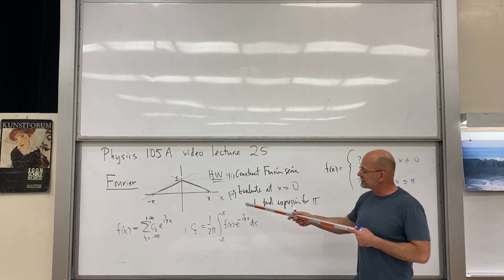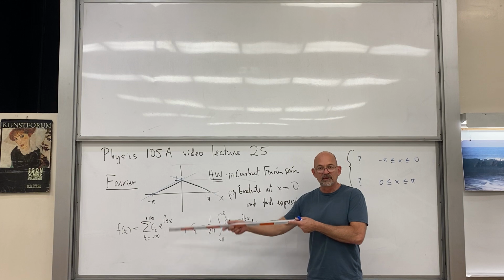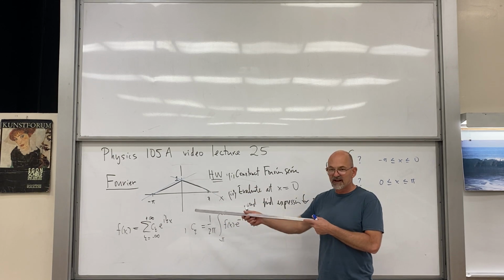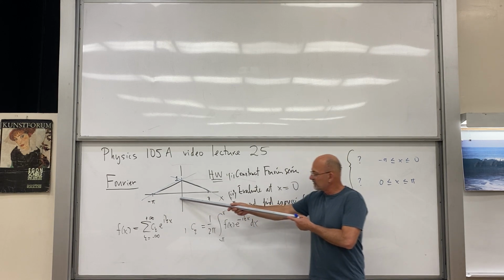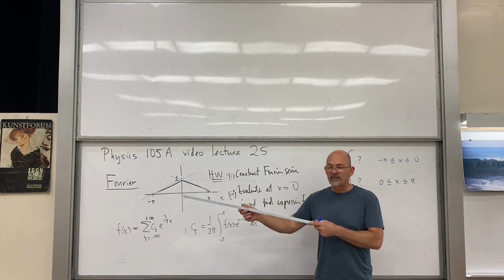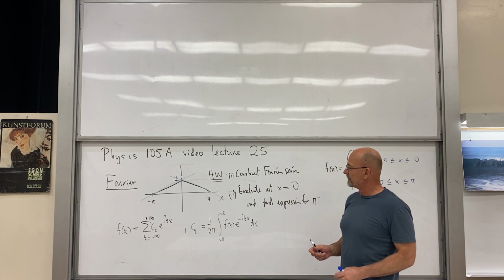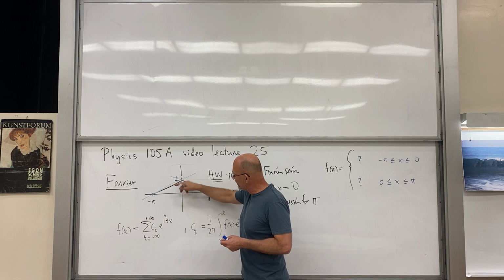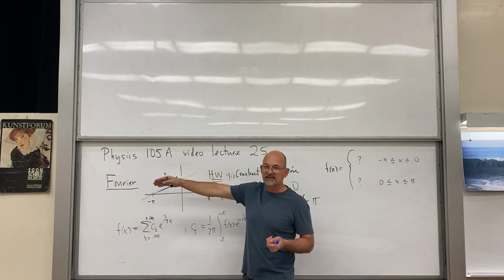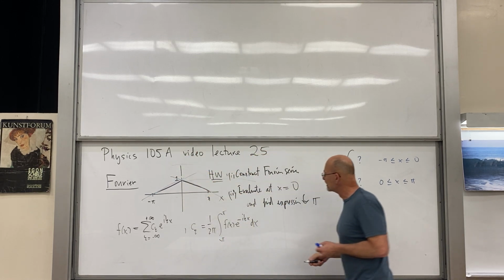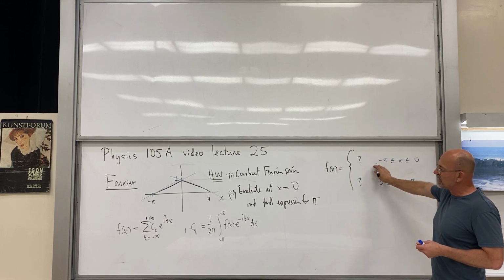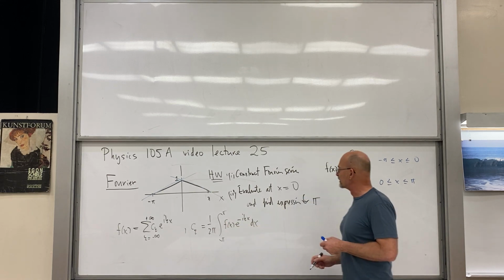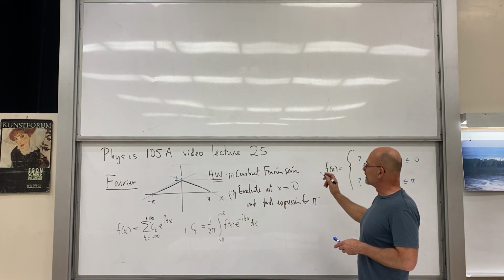And I'm going to talk about time instead of position Fourier series in a moment, so you'd even be able to turn that into a function of time, and then that would be a sawtooth type of wave. And you could generalize easily by, instead of having it equal 1, you could have it equal any positive constant. Those are all just details. So that's how you get started. Find the equation of the line and the other line, and then go ahead and evaluate your coefficients. Good, then we'll be done with that.